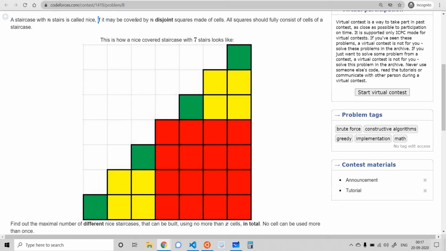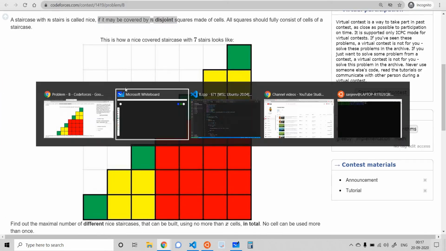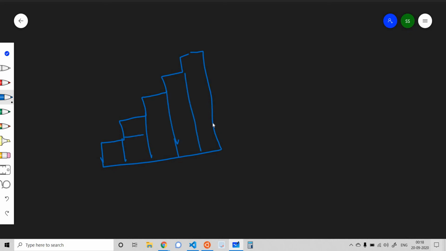When they say it may be covered by n disjoint squares, what they mean is, suppose we have one staircase. We need to build this staircase using squares of a particular size. Suppose this one is 1 by 1, this one is 2 by 2.